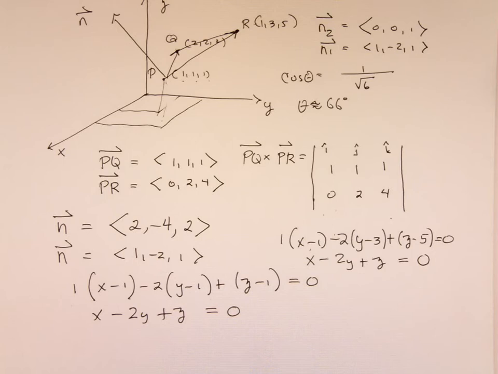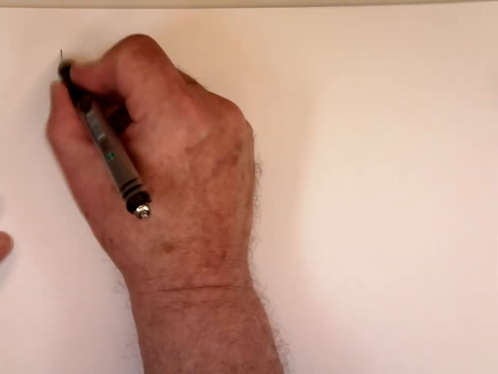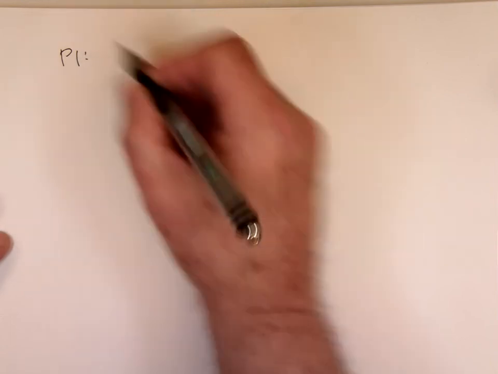Okay, so let's say we have two planes. Let's see if we can determine what's true about these two planes. Let's take plane 1: x plus y plus z is equal to 10.